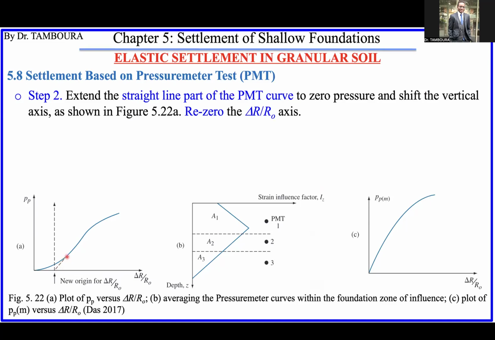The place where the dash line cuts the horizontal axis, you make it a new origin. This means re-zero this axis, the delta R0 axis, and this will be the new origin. This is step number 2.